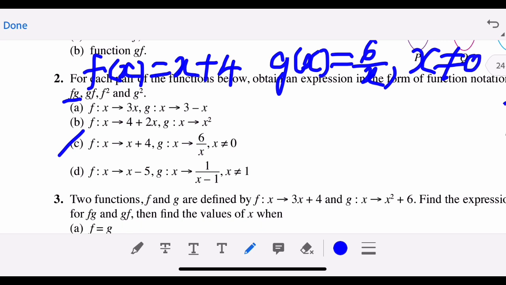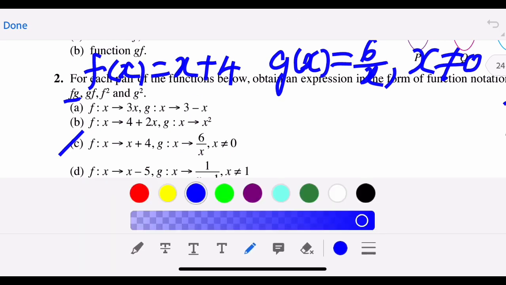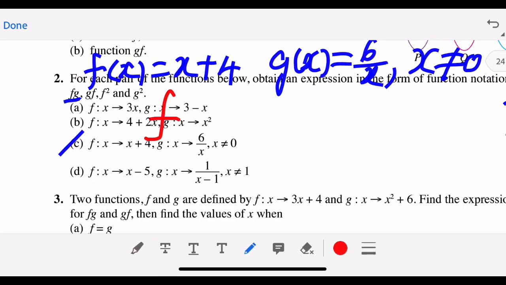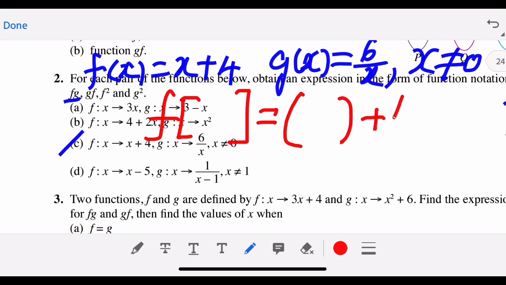So now I'm going to do fg. I'm going to differentiate the function using the red color. So f, and then inside I will leave this blank, and then plus 4. This is f(x) actually.